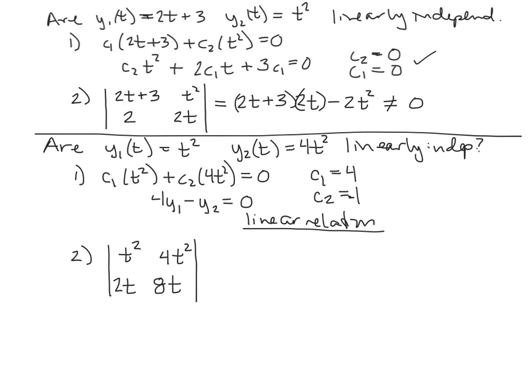Then we multiply down diagonally, and that gives us 8t cubed, and then we subtract when we multiply up. 2 times 4 is 8, t times t squared is t cubed, and sure enough we get 0. So is this linearly independent? The answer is no, and if the answer is no, it does have this linear relation.